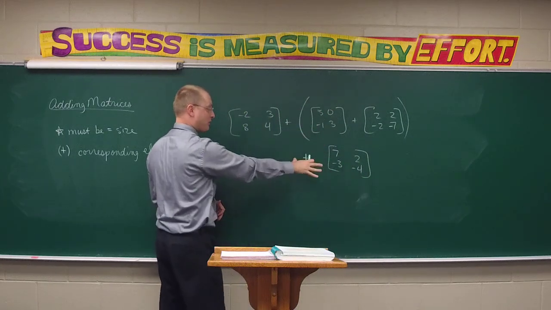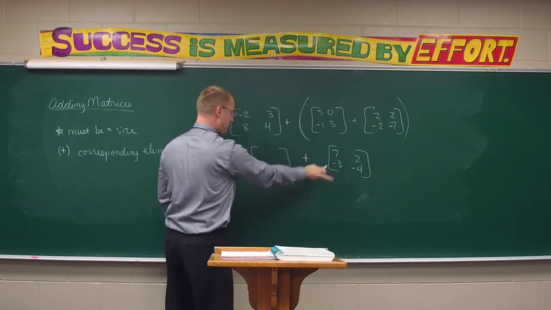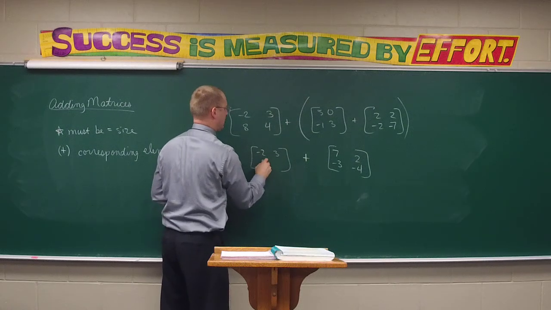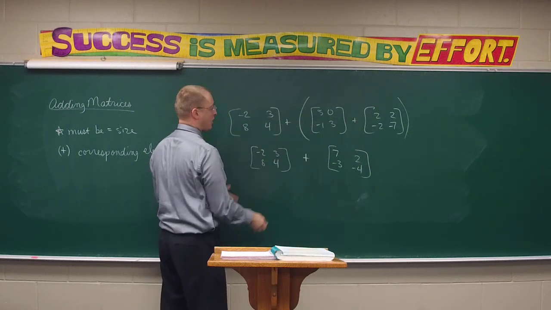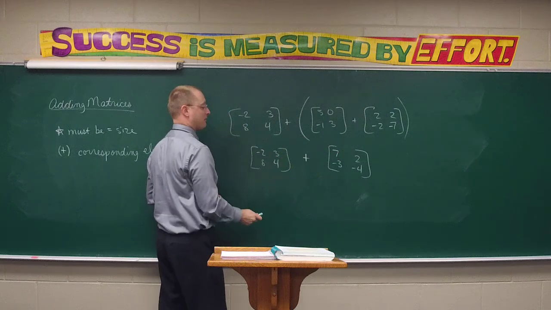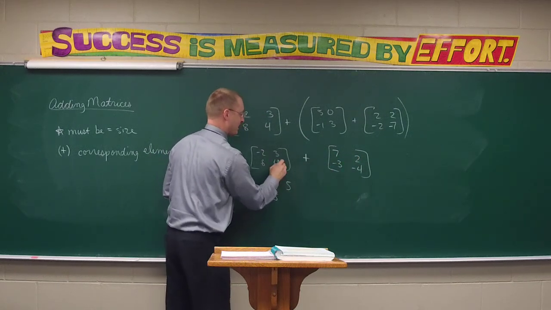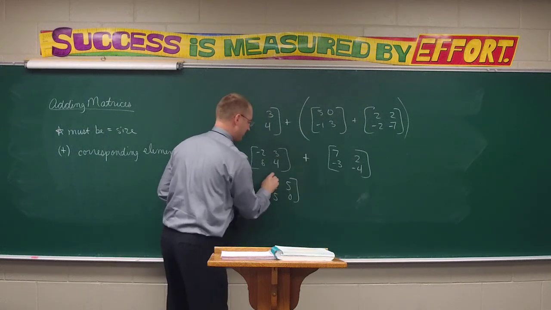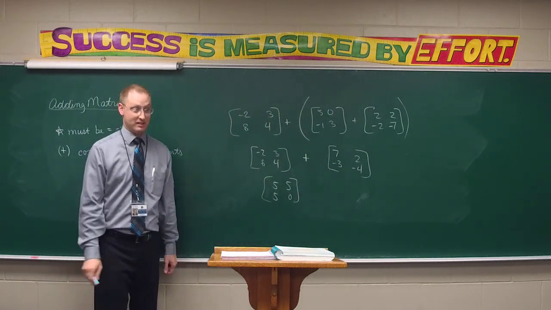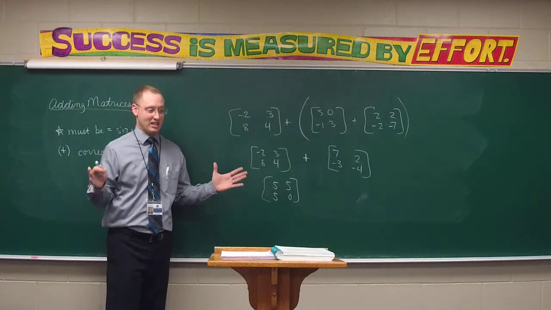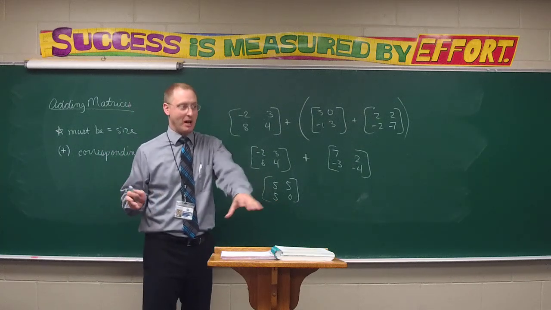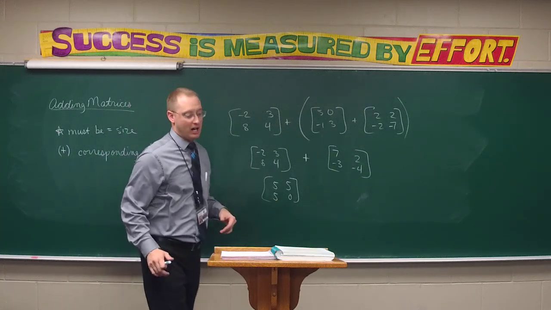Now that we've solved the parentheses, we can add the sum to this matrix, which again is of the same size. We add the corresponding elements here, then here, then here, and then here. And we're done. Just like that. Still seem easy? Okay? Does it look that easy in the book? No. Probably not, but it's really that easy, okay?